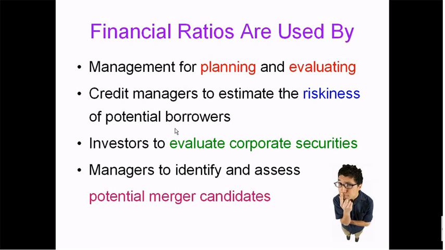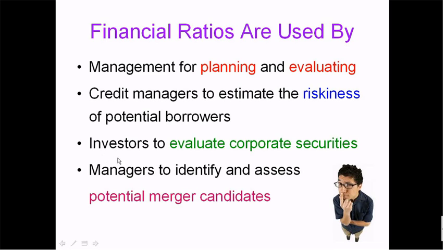If they find that this company does not have a very clean record, or does not have a very strong ability to pay back, then they may decide not to lend money to the company. So by evaluating their financial statements, they can use financial ratios to estimate the riskiness, whether they think that their potential borrowers can pay back or not.